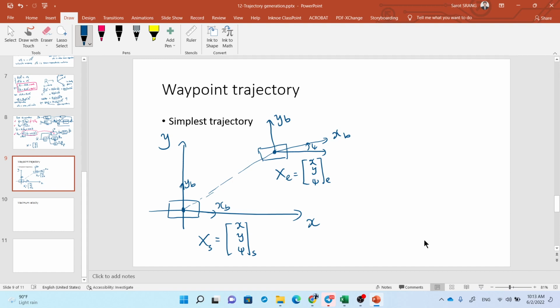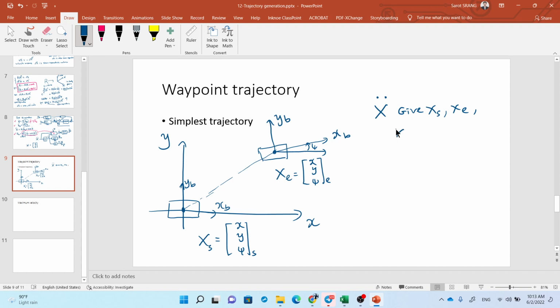Now the goal is to generate H double dot, given these known coordinates, and given the maximum velocity.